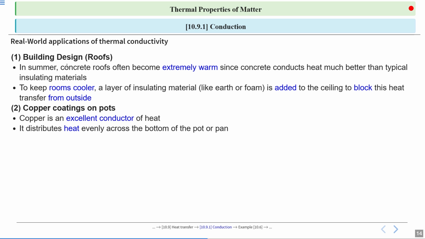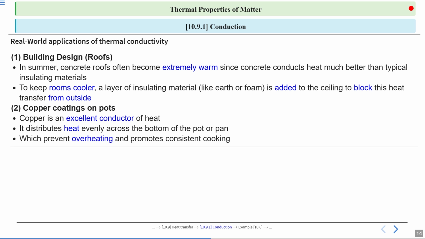That is helpful, because it increases the flow of heat throughout the pan. Because copper is a good conductor, it prevents overheating and promotes consistent cooking.